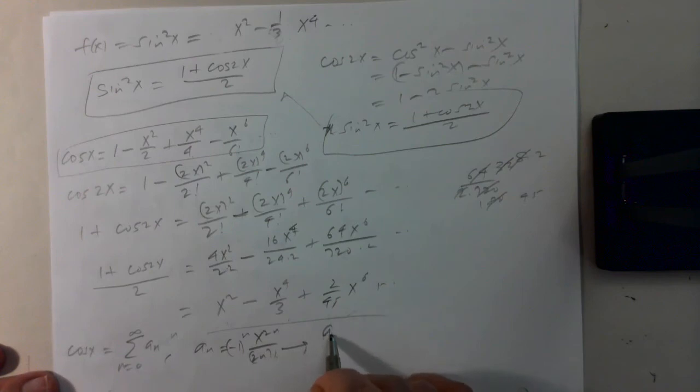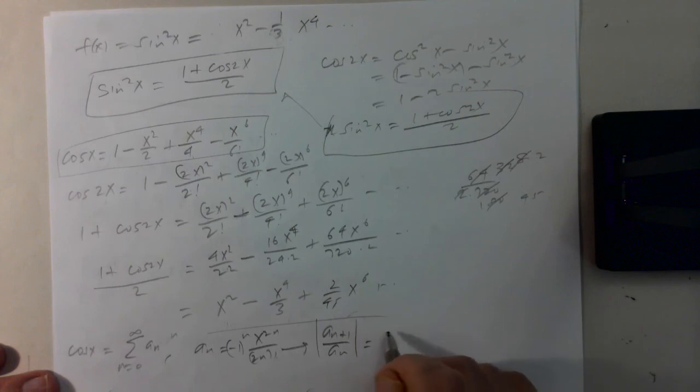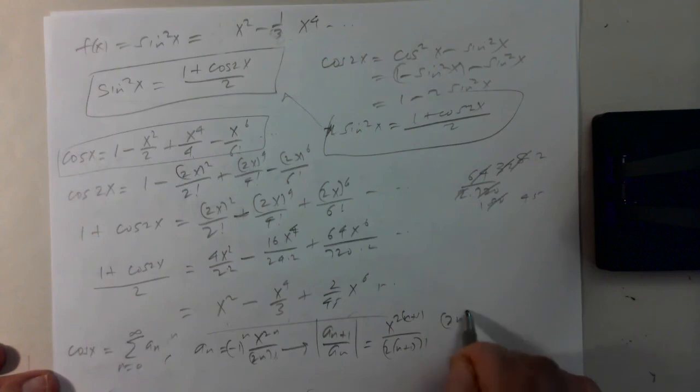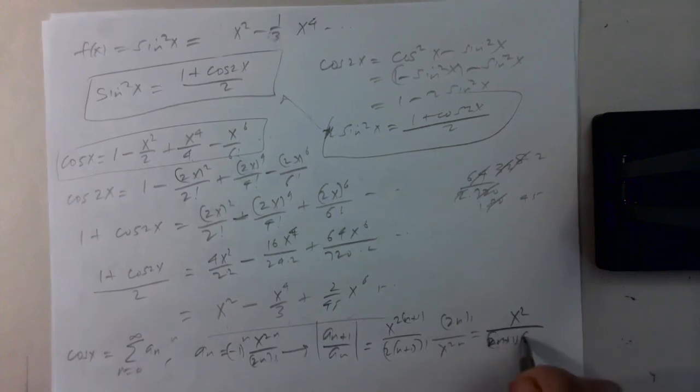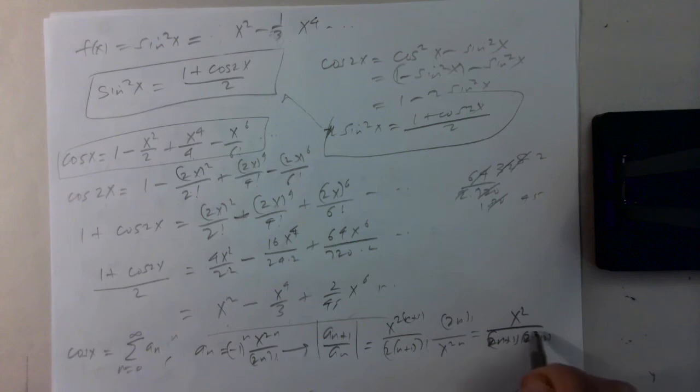So if we look at the ratio of successive terms, a sub n plus 1 over a sub n in absolute value, I get x to the 2 times n plus 1 over 2n plus 1 factorial, times 2n factorial over x to the 2n. This is equal to x squared over 2n plus 1 times 2n plus 2.